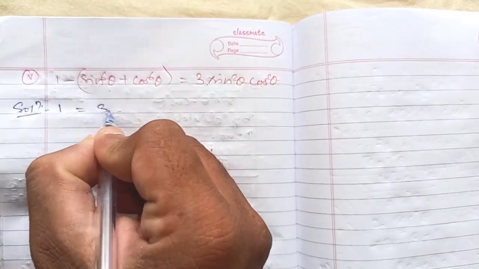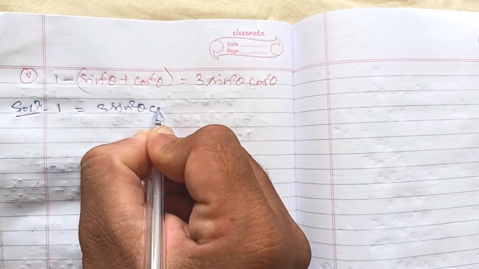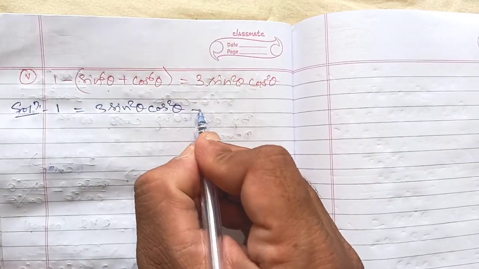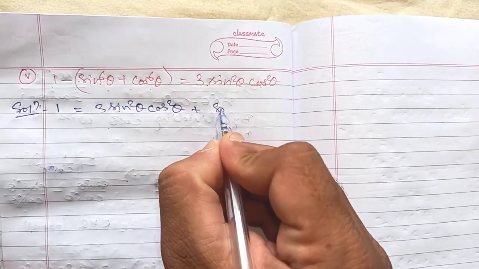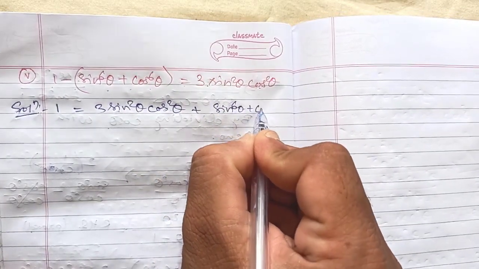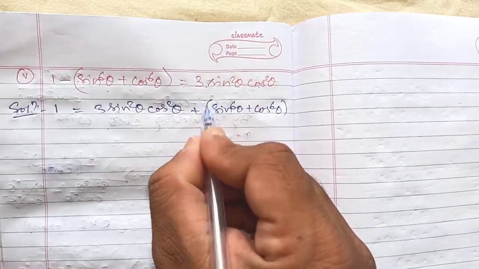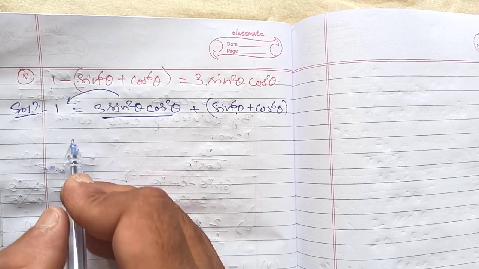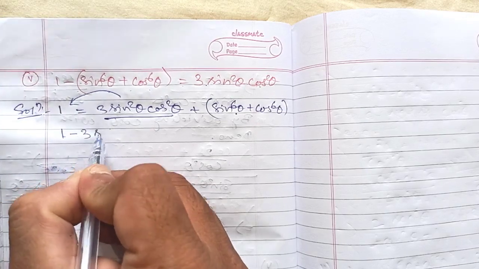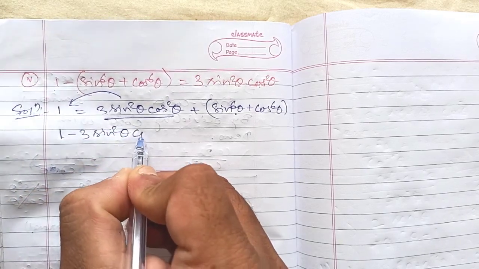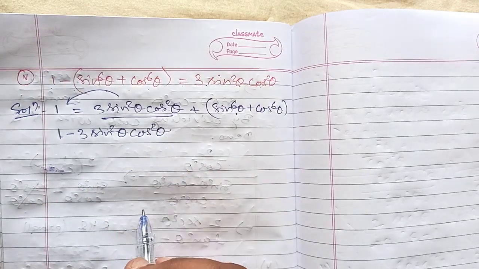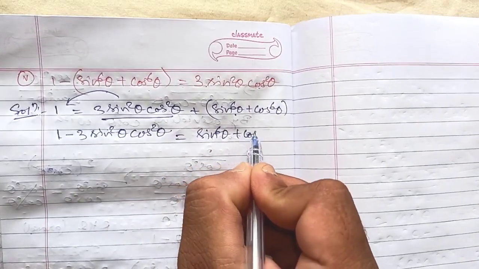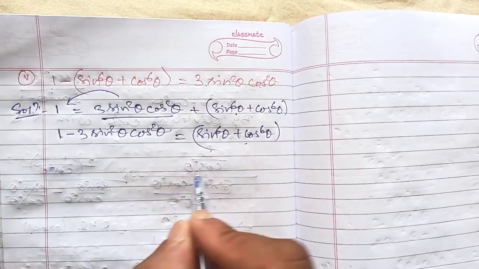So 3 sin square theta cos square theta, when I am taking the whole term that side, minus will become plus sin 6 theta plus cos 6 theta. Now bring this term towards LHS. So it will become 1 minus 3 sin square theta cos square theta equals sin 6 theta plus cos 6 theta. Okay, this is the question.